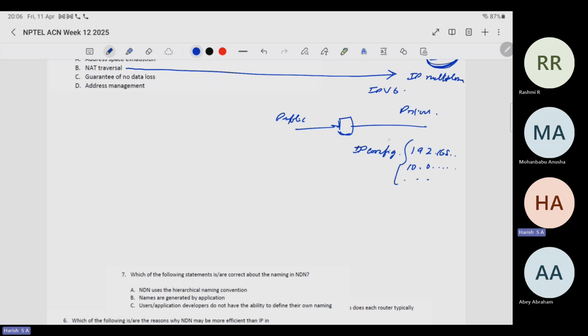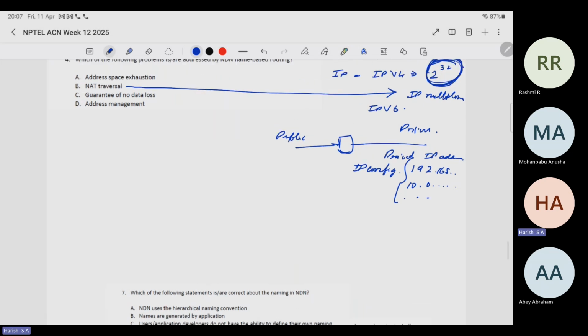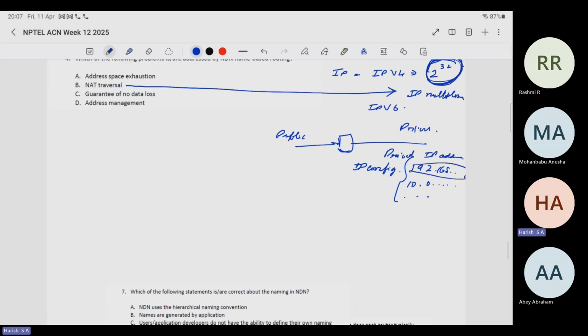These are all the private IP address ranges. If you're connecting to a network in your home, you could have an address, let's say 192.168.0.1, and your friend connecting to his router at his home could also have the same IP address.